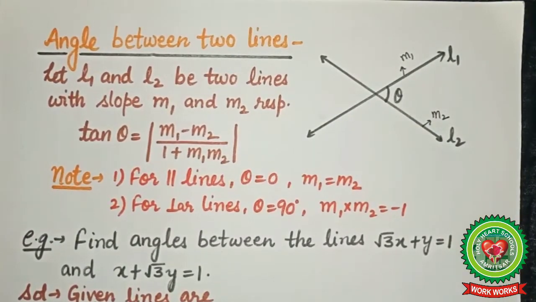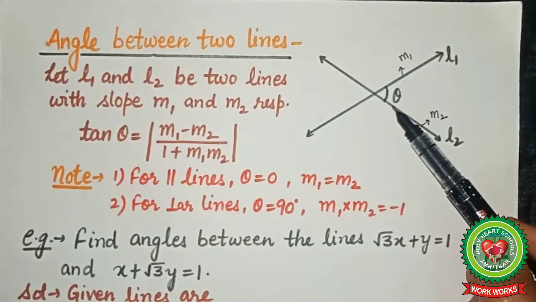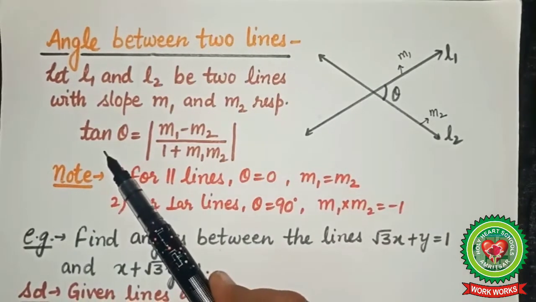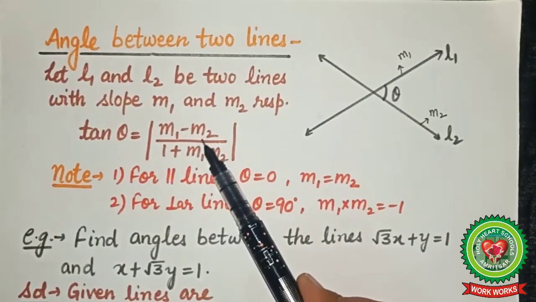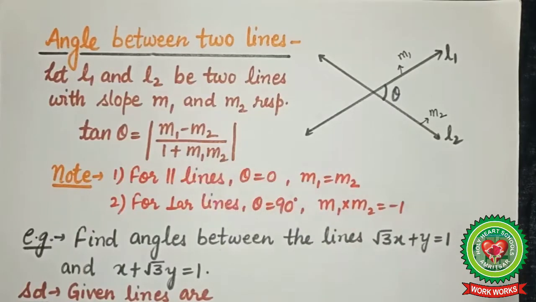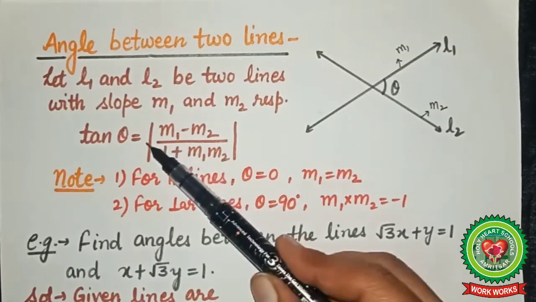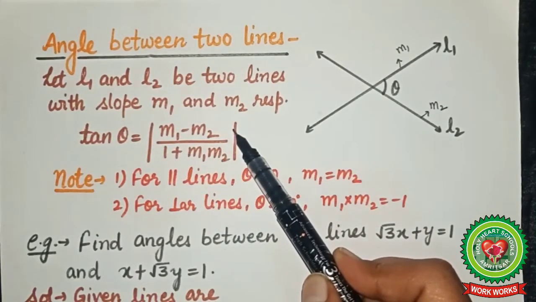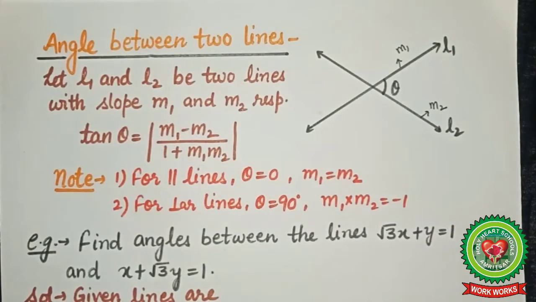Say it is equal to theta. So we have a formula for finding this angle, that is tan theta is equal to mod of m1 minus m2 upon 1 plus m1 into m2. Here mod function is there, so it may have positive value and negative value both.